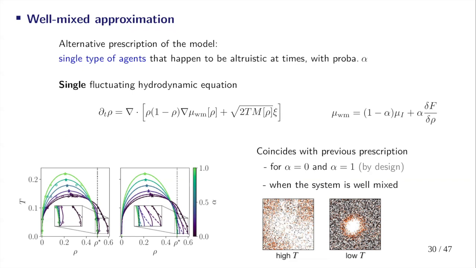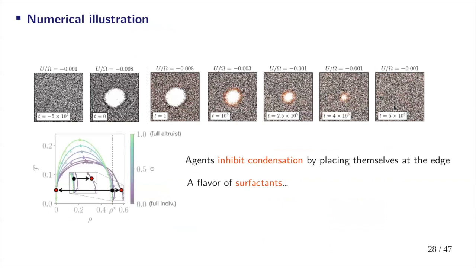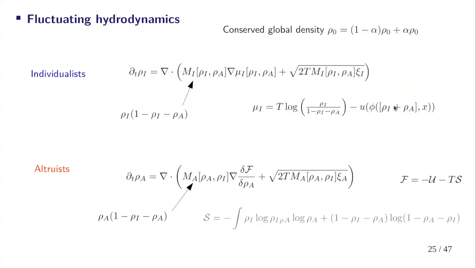Can you explain again the second one, maybe both actually? Okay, so mu I was the sum of the entropy term and the utility term. It's a non-equilibrium contribution. It turns out that there is no way you can write it as the derivative of a free energy.